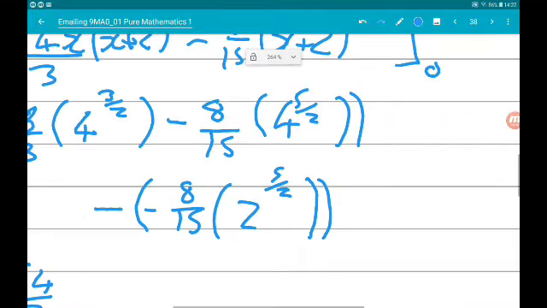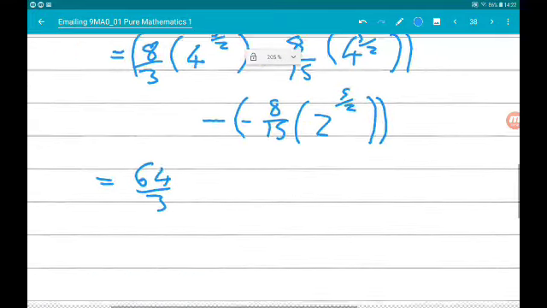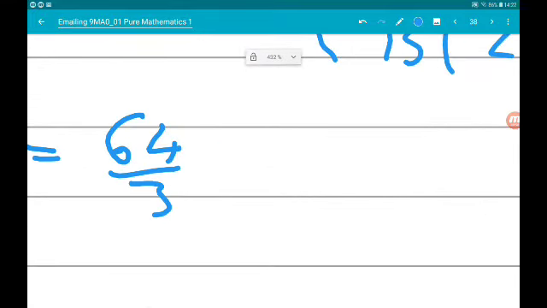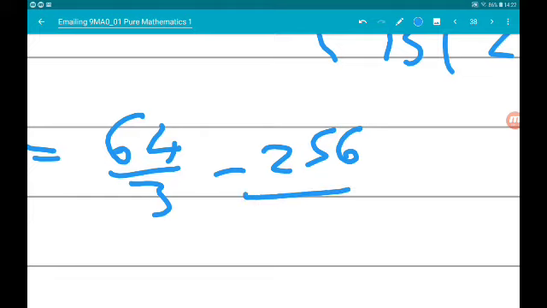So we get minus 8/15 times 32. 8 times 32 is 256. So we get minus 256 over 15.